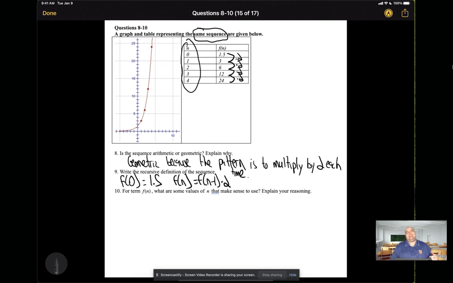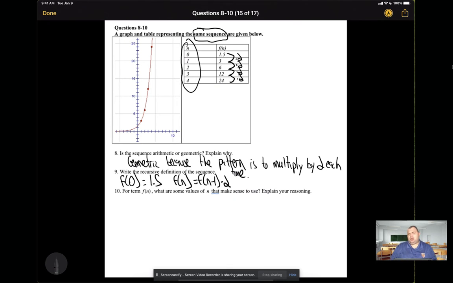When I plug in a number for n, what am I actually talking about? Well, in this case, n is the term number. So if I'm plugging in n equals 3, that means I'm looking for term number 3. If I plug in n equals 10, I'm looking for term number 10. So that is what n represents. N is the term number.